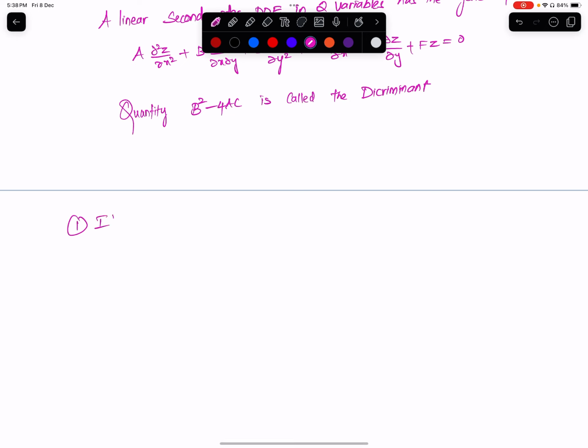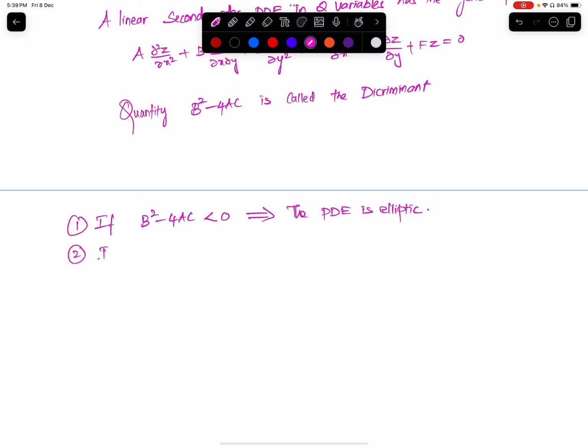If b² minus 4ac is less than 0, then we say the given PDE is elliptic.